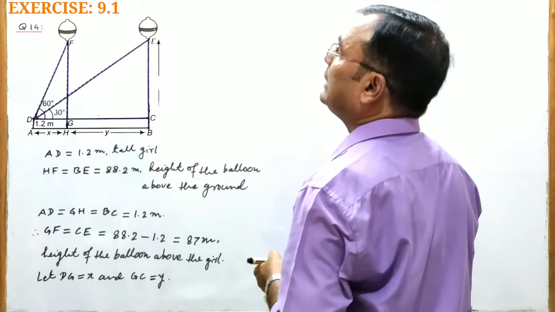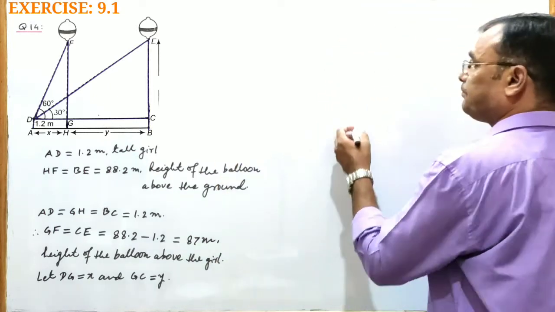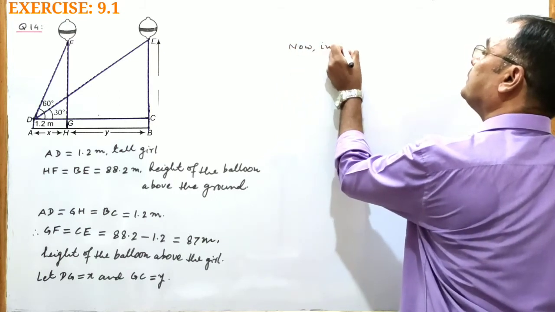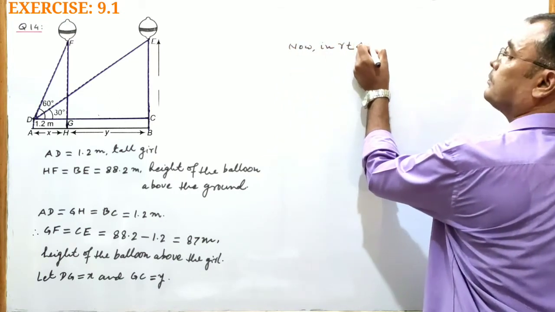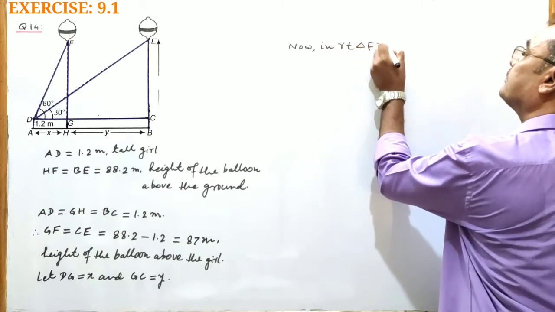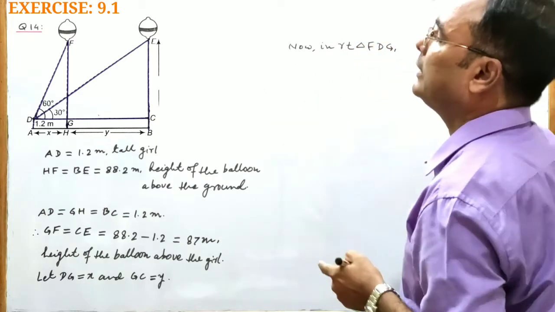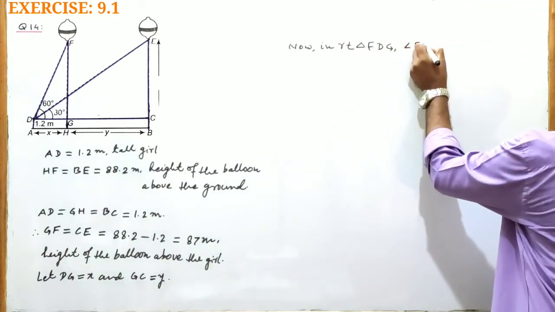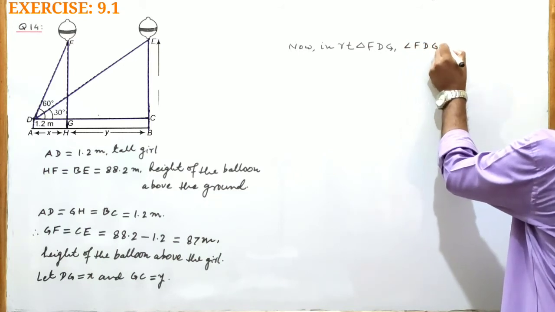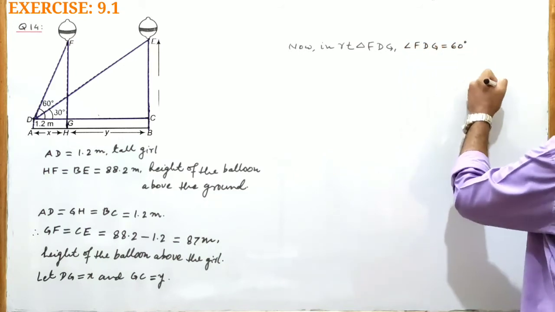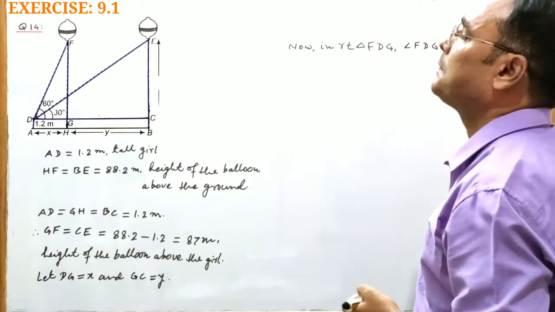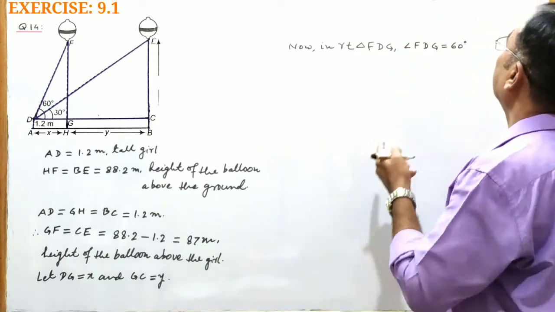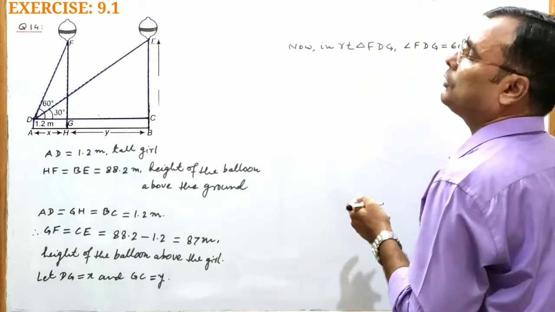Now in right triangle FDG, angle FDG equal to 60 degree, which is the angle of elevation of the balloon at the eyes of the girl, who is 1.2 meter tall.